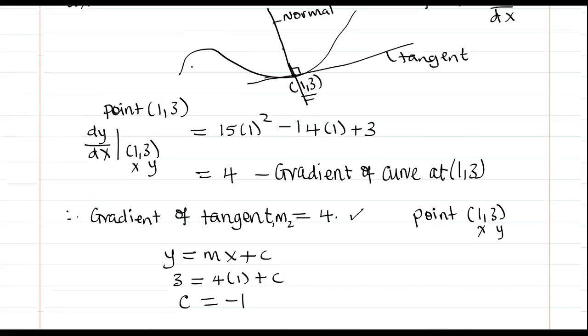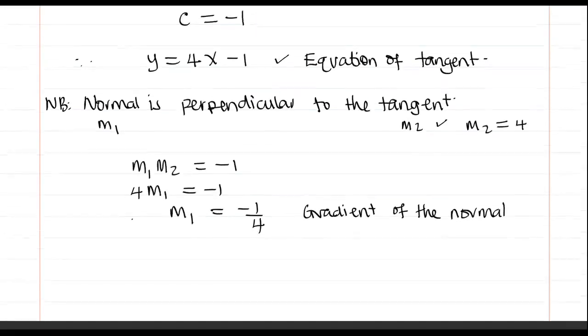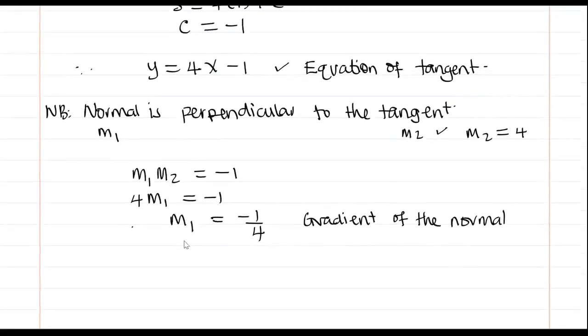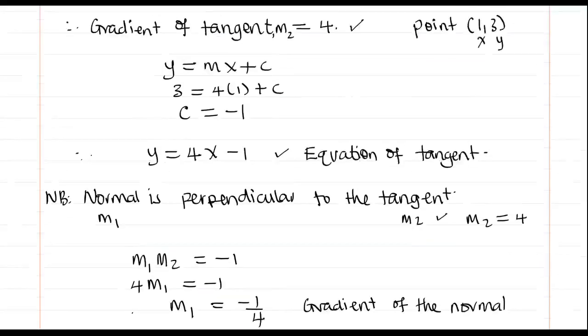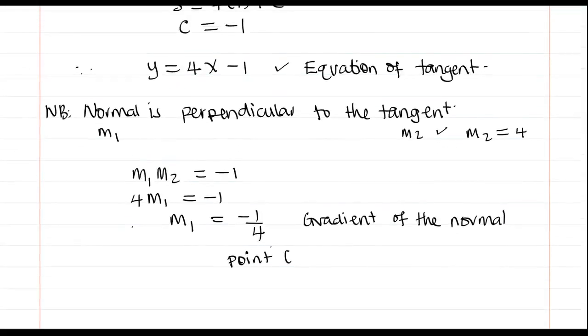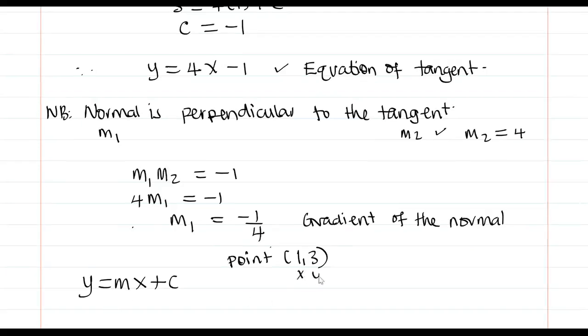That is a common point to the curve, the tangent and the normal. Then we can apply the equation of a straight line, y equals mx plus c. If you don't know about the equation of a straight line, visit our list of videos in Senior 2 Mathematics.